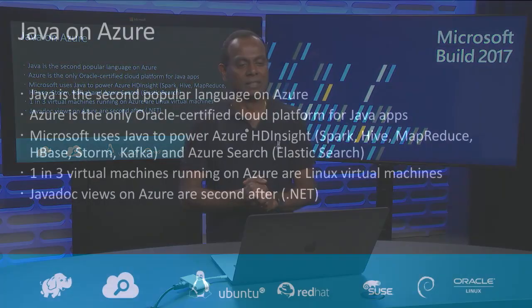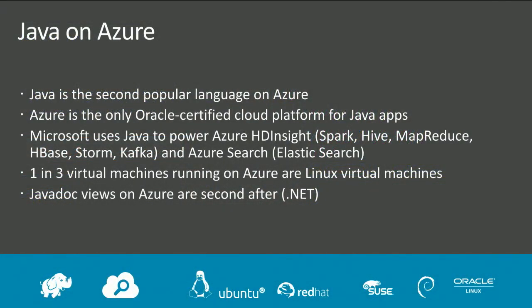Let's start with how it looks on Azure. Java is the second most popular language on Azure. Azure is the only Oracle certified cloud platform for Java apps. Microsoft also uses Java to power Azure HD Insight, particularly Spark, Hive, MapReduce, all those packages for enabling HD Insight.